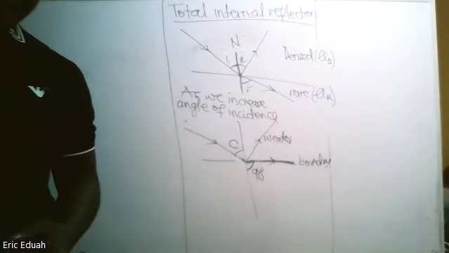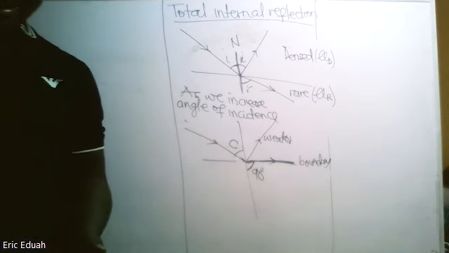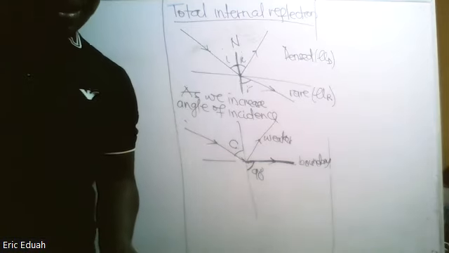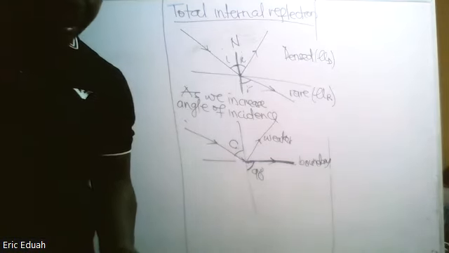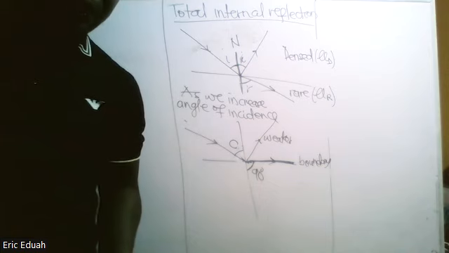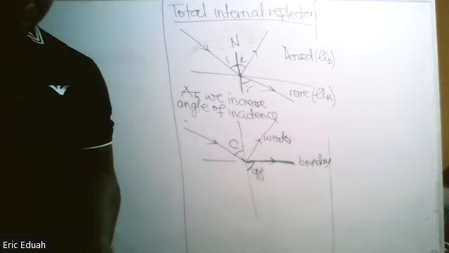Are we okay? The critical angle C is the angle of incidence in the denser medium that produces an angle of refraction of 90 degrees in the less dense medium.